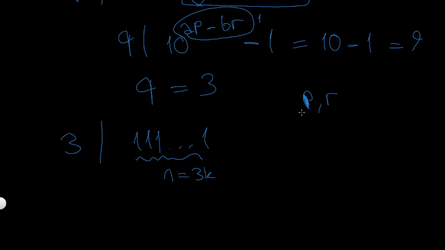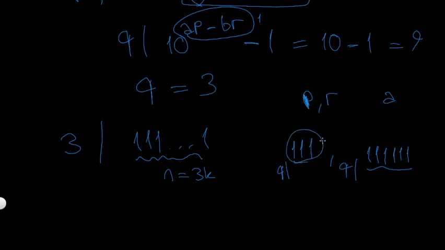Also, I can actually include 3 for only one of them, because for example, I can include 1, 1, 1, but I will not include 1, 1, 1, 1, 1, 1, six of them, because I know that if Q divides this, Q also divides this, because 3 divides both of them. If I take the 3n case, I will of course not take the 6n case. I want 3 and 6 to be relatively prime, but here they're not.